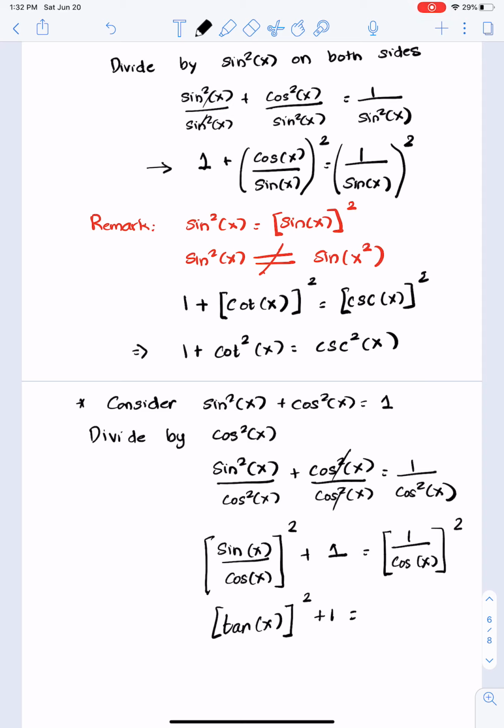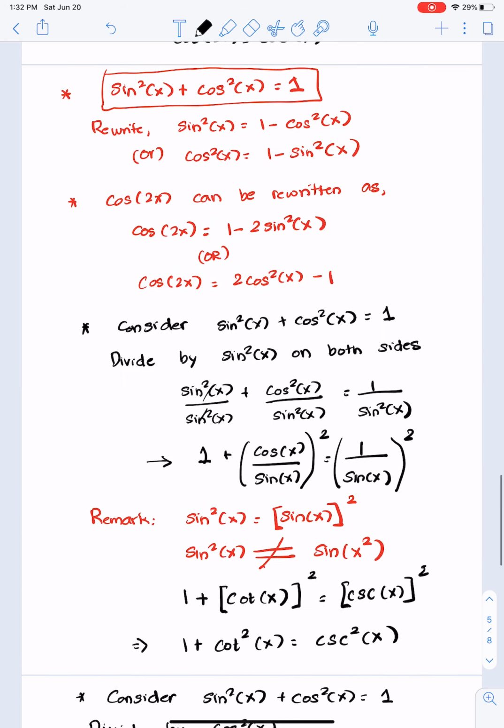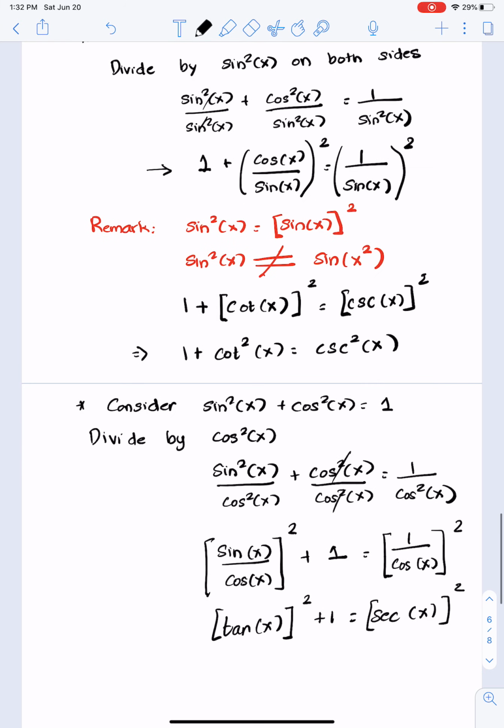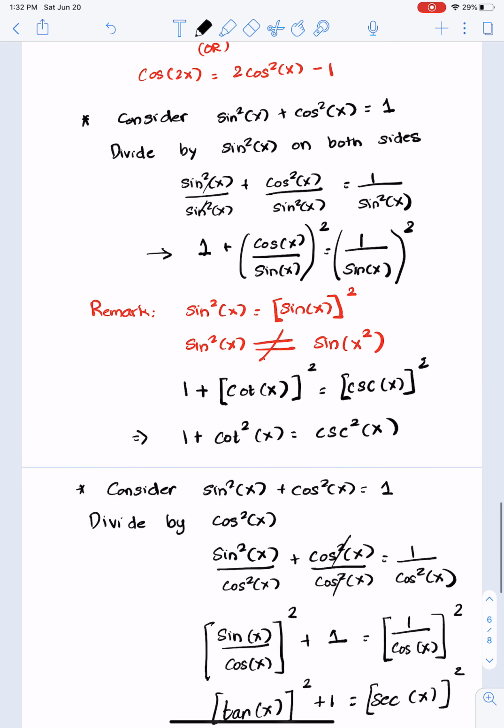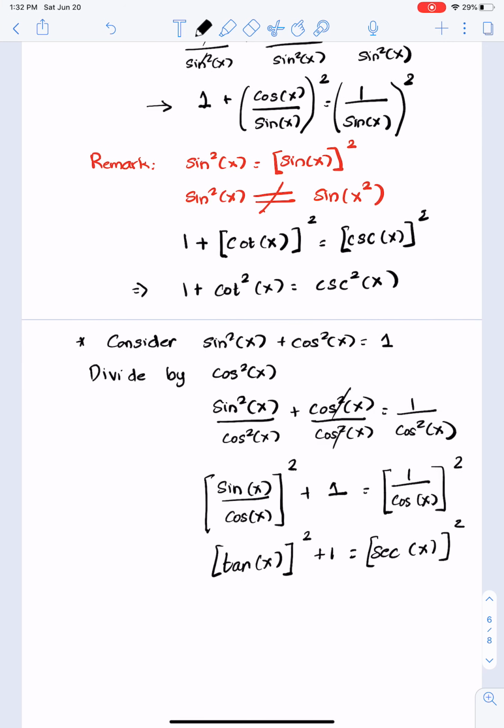We know 1 over cosine of x is secant. Which would give me tangent squared x plus 1 equals secant squared x.